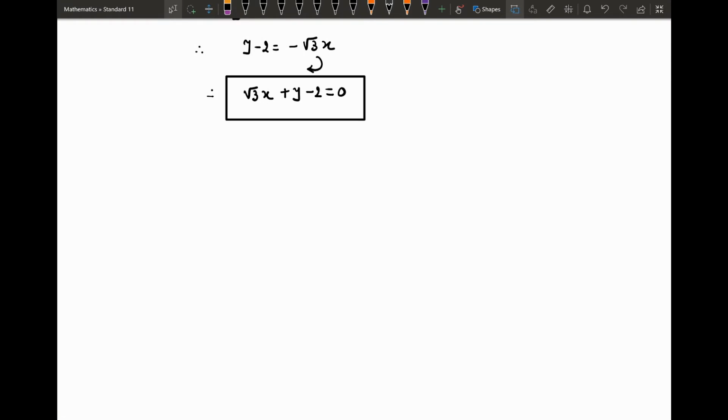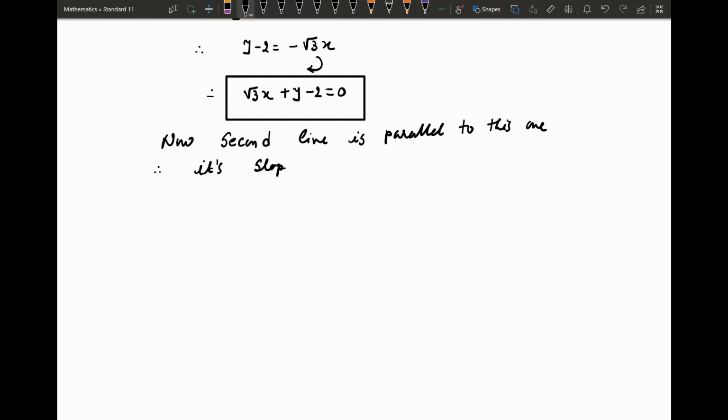Now the second line is parallel to this one. Therefore its slope m equal to minus root 3, because L1 parallel to L2 implies m1 equal to m2.